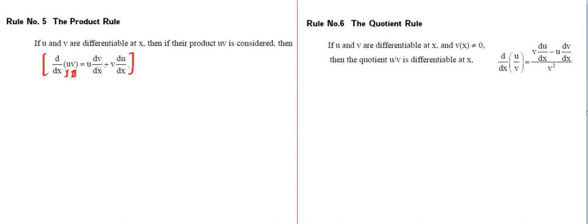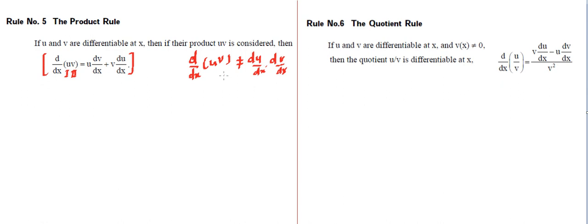Now keep in mind, this is the formula. We should not use a formula like d upon dx of uv is equal to du upon dx into dv upon dx. No, that's not a rule. This is the rule. So in the case of a product, we do not differentiate individually and then multiply. That's not valid.